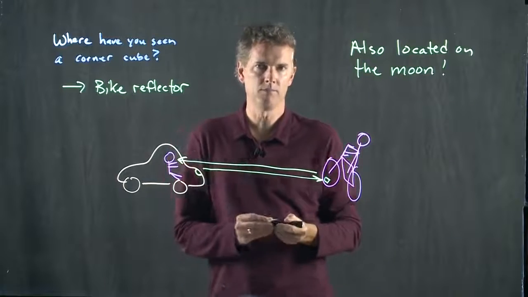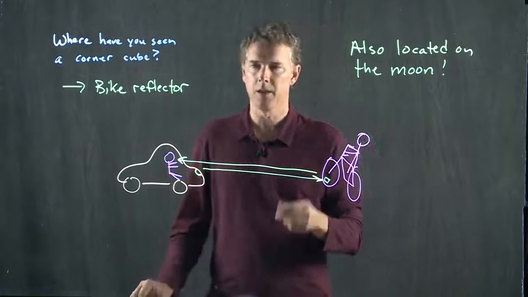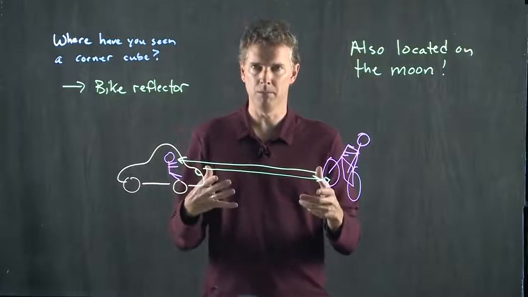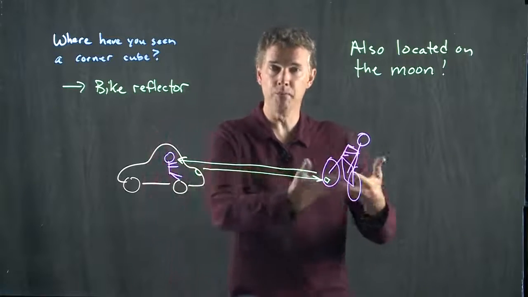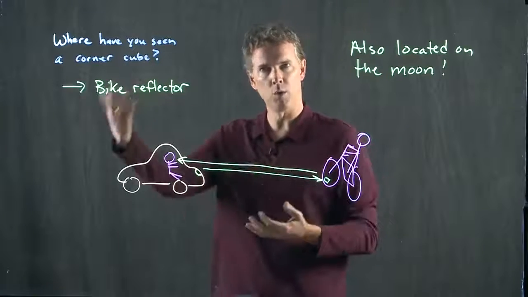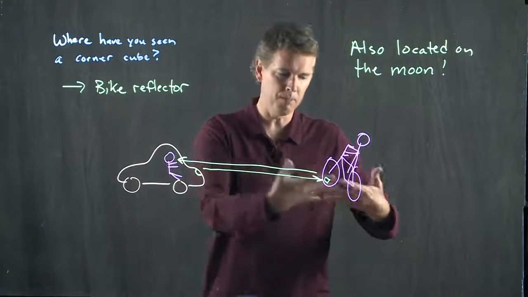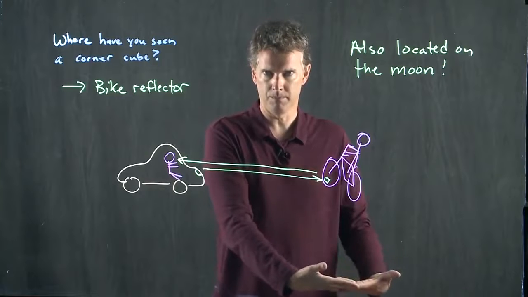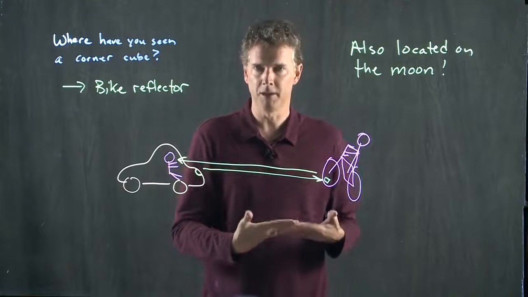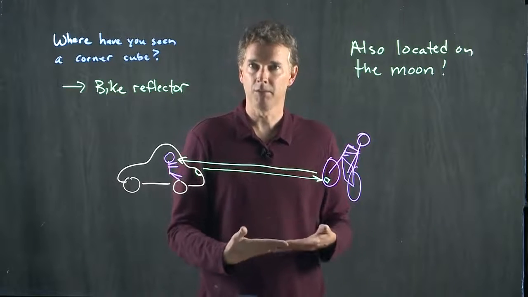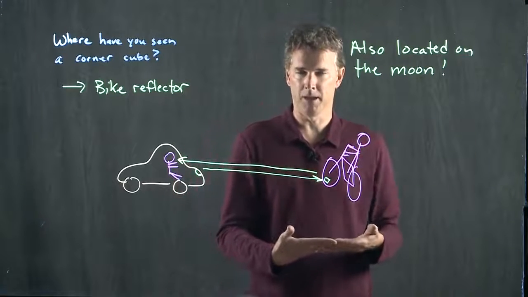Way back in the early 70s, the Apollo astronauts went up to the moon, right, when we went to the moon, and they brought a whole bunch of mirrors with them. They brought a whole bunch of corner cube reflectors, and they put them on the surface of the moon. And the idea was, we're going to use these someday for something important. And guess what? We are using them today for something important.